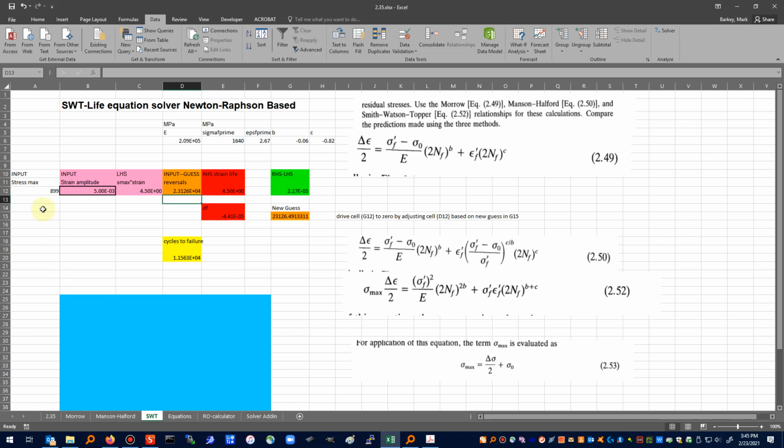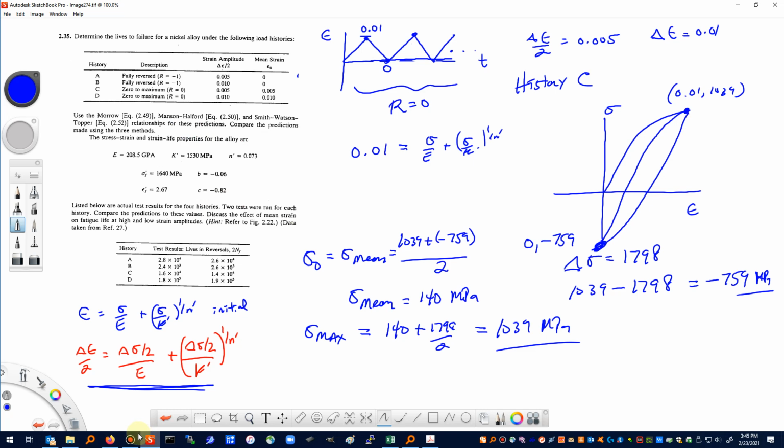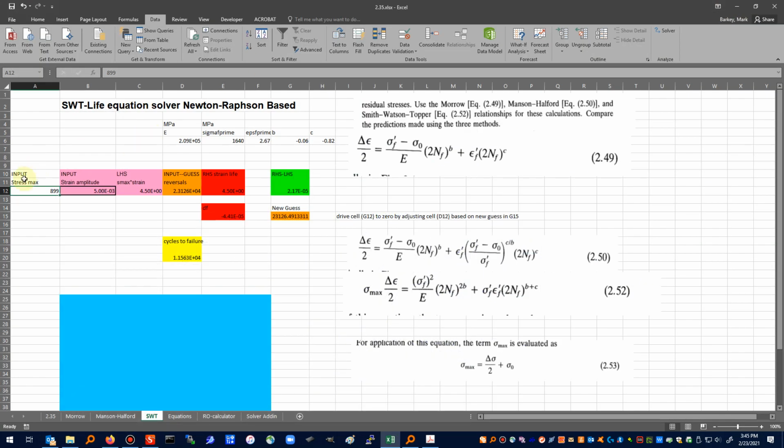Smith, Watson, Topper. Now here we have to be a little careful. In this, my input is the maximum stress. And let's see what we said that was. 1039, with the amplitude of 0.005. I'm going to guess initially 10,000 reversals.